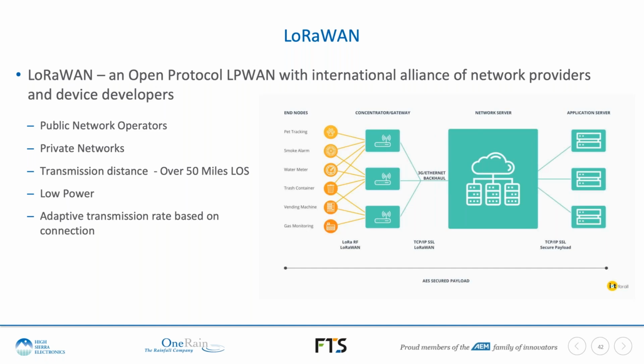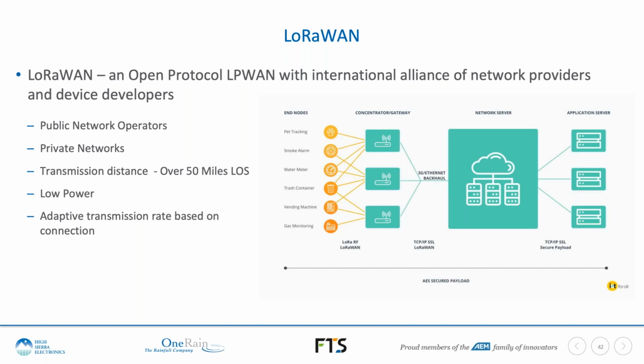So there are public and private networks. Transmission distance, as I said, could be up to and over 50 miles if you have true line of sight. Again, it's low power.